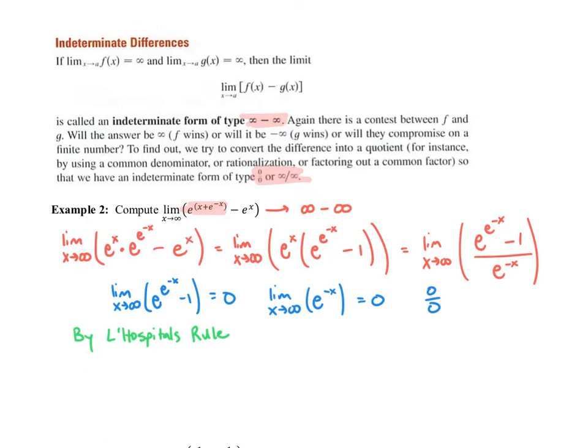So the derivative of the numerator, I know it's kind of messy, but I'm just trying to walk you through it, is negative e to the negative x. That part is the derivative of this exponent right here, because of the chain rule, times e to the negative x, because remember the derivative of e to the power of a function is e to that power of a function. The derivative of 1 is of course 0.